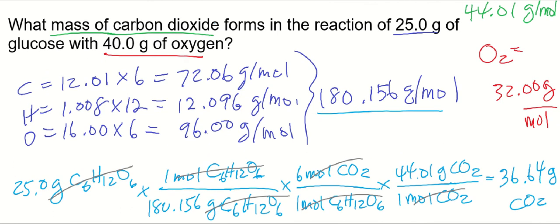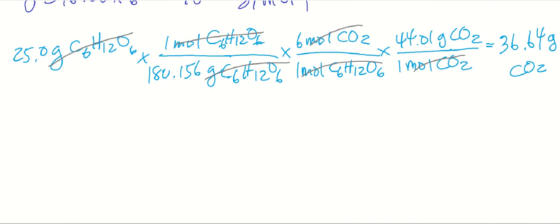So oxygen, we're starting with 40 grams of oxygen. It's given in the problem. Again, I'll pick a slightly different shade here. 40 grams of O2. Convert that to moles. Moles we can convert to anything else, so that's why we need to convert that to moles. So it's 32.0 grams of O2 in 1 mole of O2.